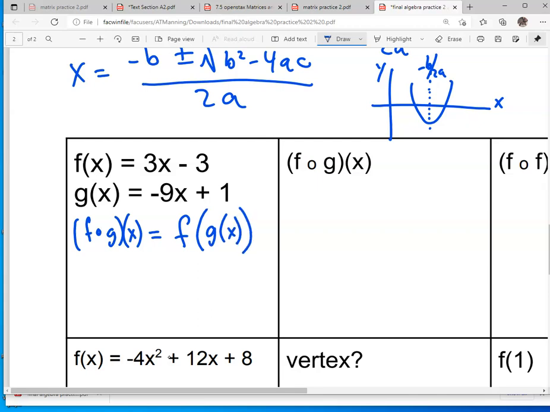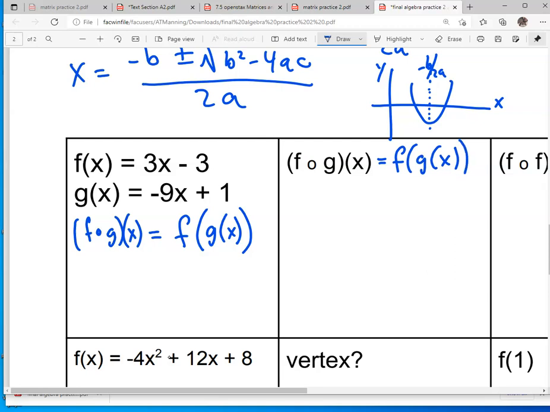That's what that means. I like this format better because I think to myself, whatever g is, I put into where the x is in f. So let's do that for this one. f of g of x, I'm going to quickly write out, is the same as f with g as its input.